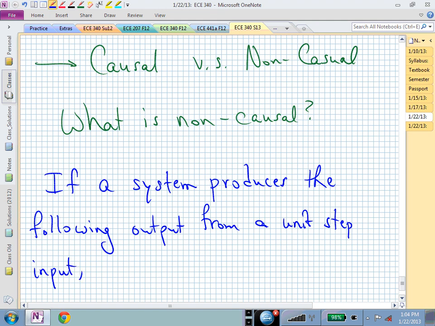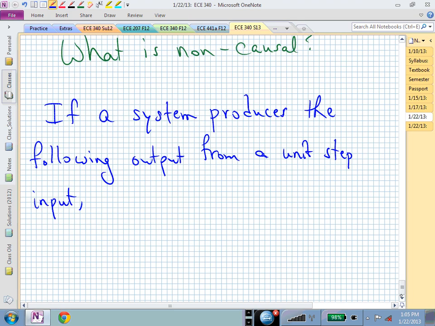At 0. So I'm applying an input that starts at, I've drawn some time axis in the sand, and I said, okay, here's t equals 0, and that's what I'm gonna force my system with, that input from t equals 0 onward with a magnitude of 1. Now, if the system produces an output that I'm going to show you in a little bit, then the system is non-causal.